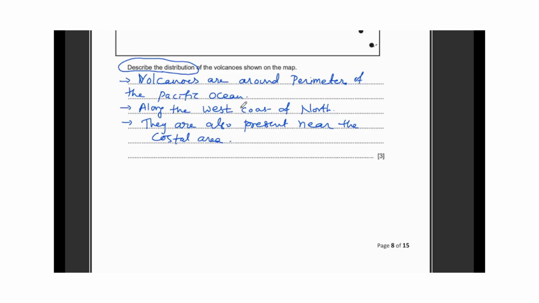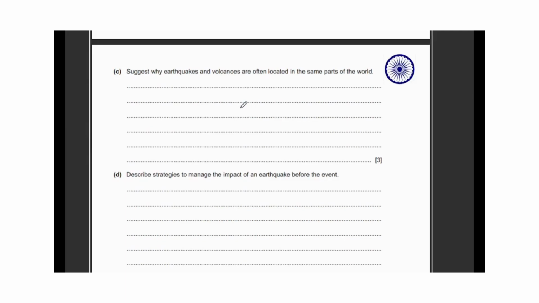That's 3 points here. Next one, suggest why earthquakes and volcanoes are often located in the same part of the world. Why do you think they are both at the same part of the world here? Now, most of them are found at plate boundaries. This is true.